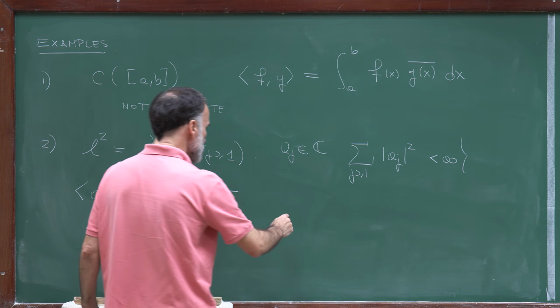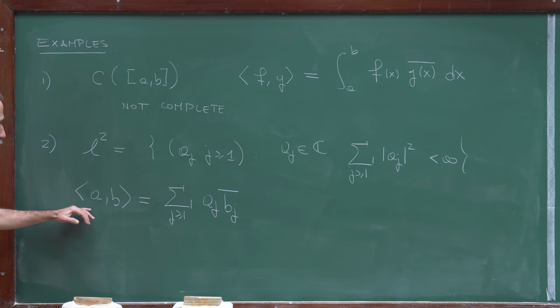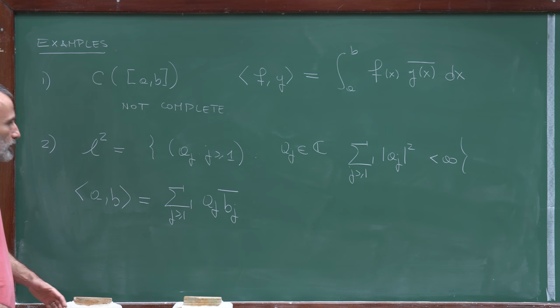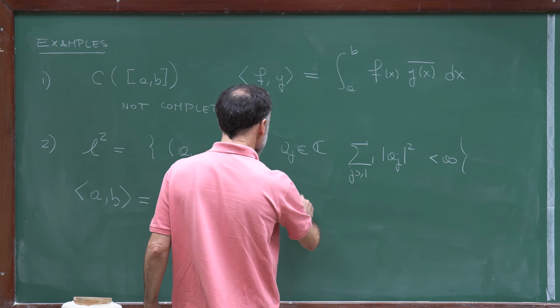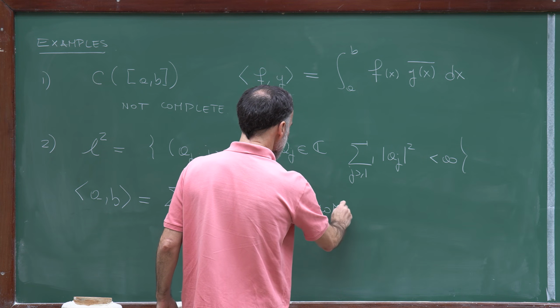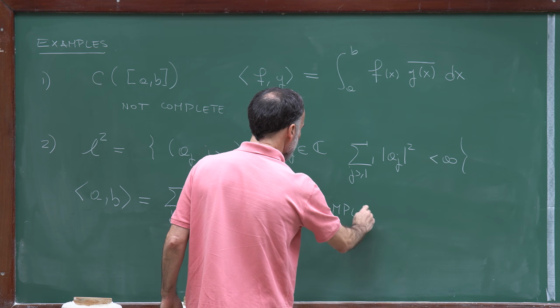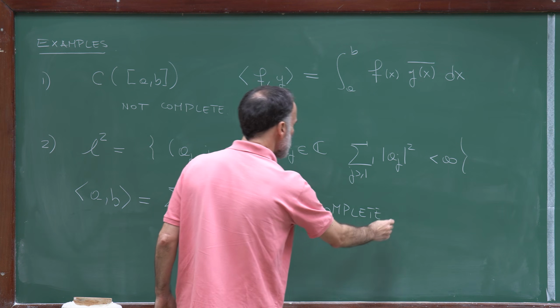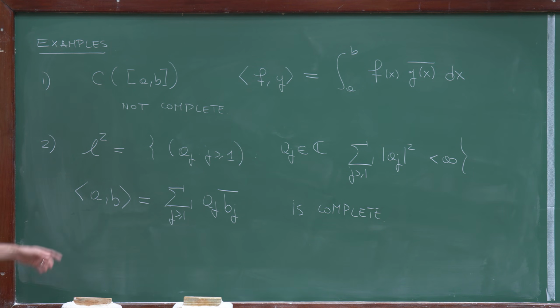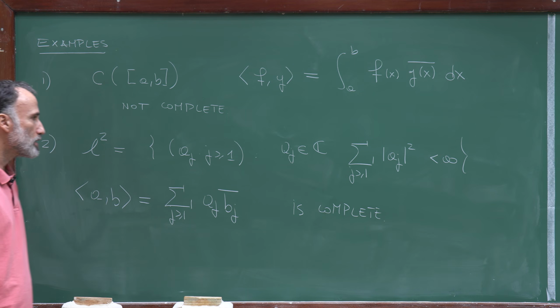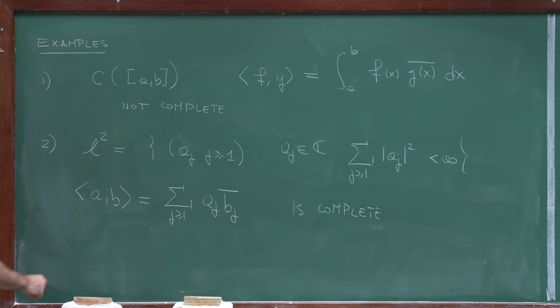What I claim is that this defines a scalar product. I leave it to you to check, and also that this space is complete. This is also an exercise. Actually, we proved that lp is complete for the norm, so the same proof applies here to show that l2 is complete.